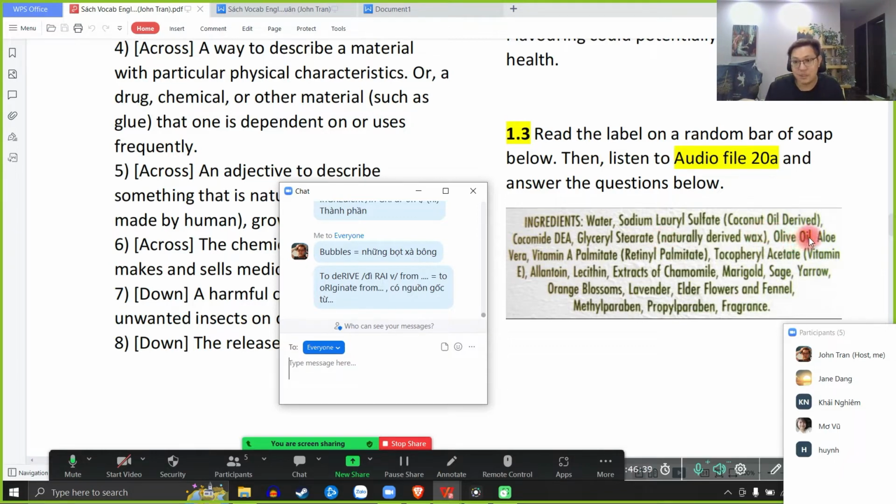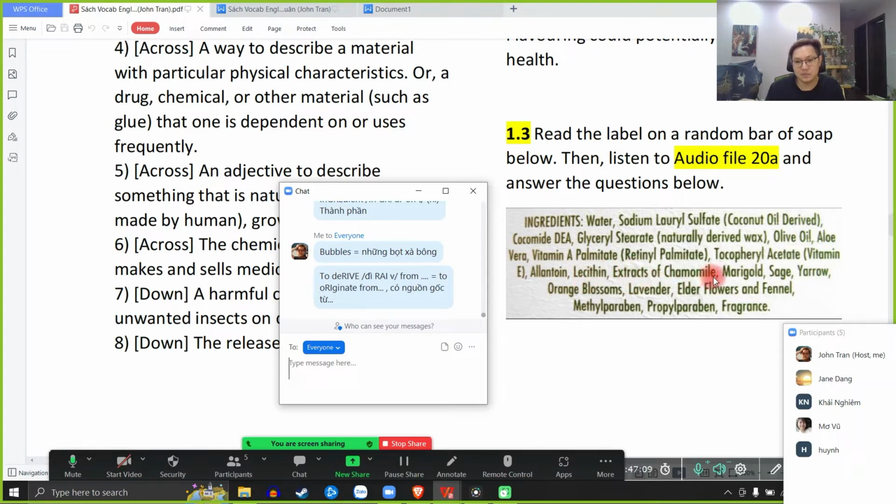Olive oil, dầu ô liu này, olive oil. Aloe vera, lô hội hay là nha đam á. Vitamin A palmitate, tức là vitamin A xong nó gắn cái gốc palmitate này vô thôi. So it's basically vitamin A something. Tocopherol acetate or vitamin E. Vitamin A nè. Allantoin, lecithin.